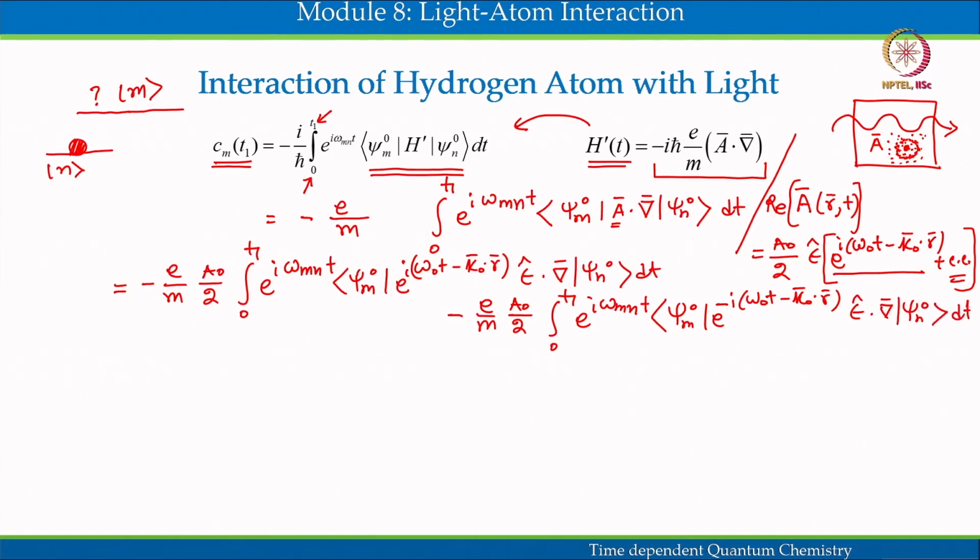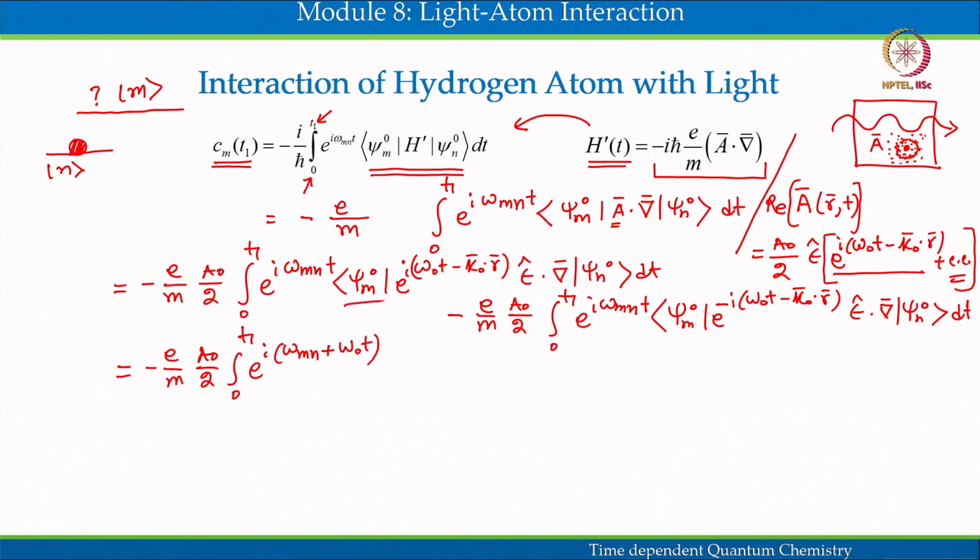These are the terms we get, and this can be further reduced in the following way. I can write e by m A naught by 2, integral 0 to T1, then e to the power i omega mn plus omega naught t.